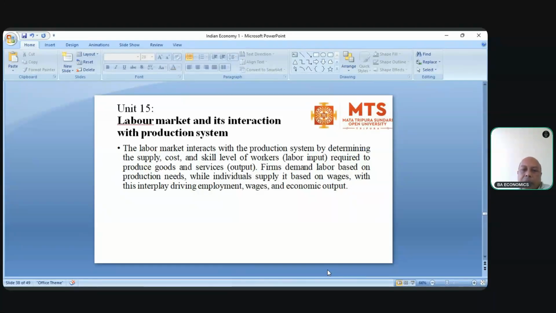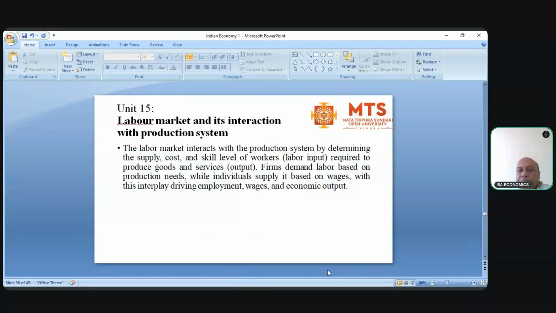So government always tries to increase production in the economy. So government always encourages the private sector to set up new factories, new industries, so that more people will get jobs, and more people who were previously in the labor market can now easily get jobs in various sectors or in factories set up by the private sector.